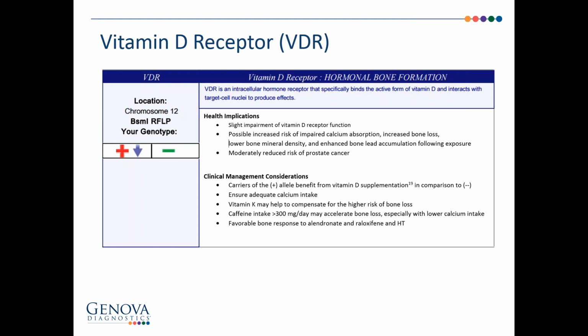We break it down further into population studies, but the MTHFR and COMT bridge both of those. There may be more information on that paper in the methylation report. As far as VDR and CYP, we don't go into that granularity. I'm not saying it doesn't exist, it's just not part of the report. It might be something to look up on PubMed.